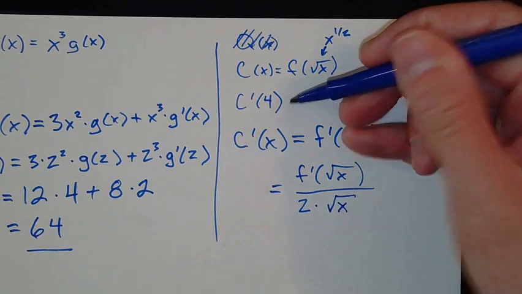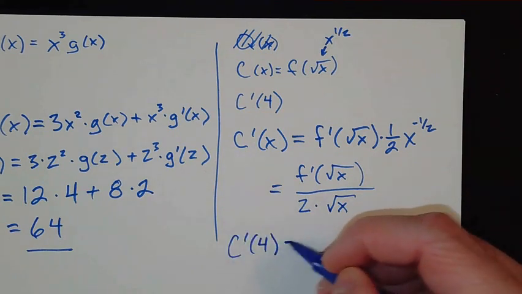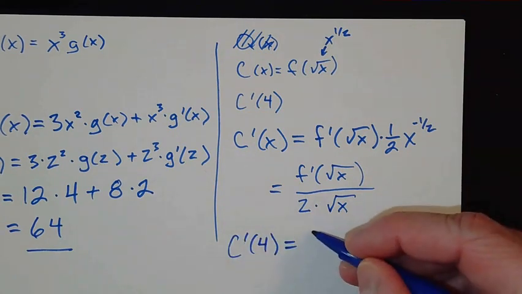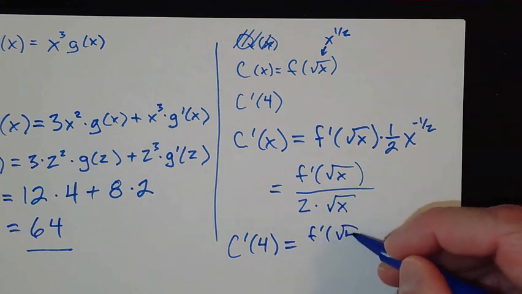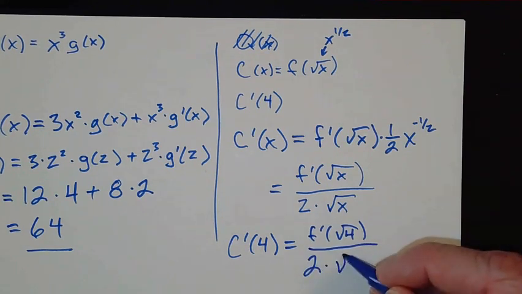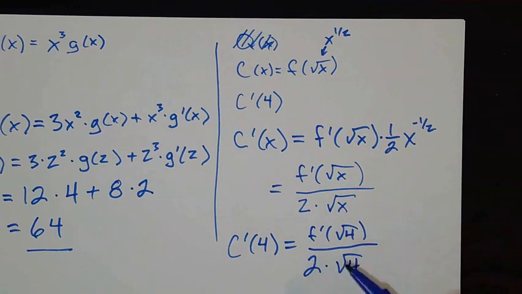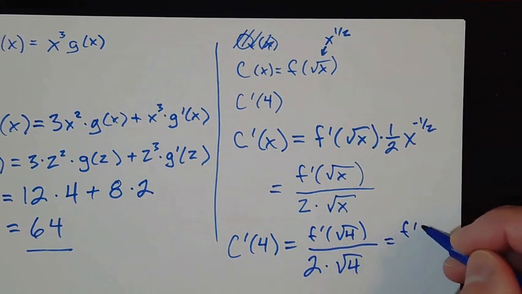And so if I want to know what c prime of 4 is, I will now, just like I did for all the other functions, plug in 4. I need f prime of the square root of 4 and 2 times the square root of 4. F prime of, well, I suppose the square root of 4 is 2.